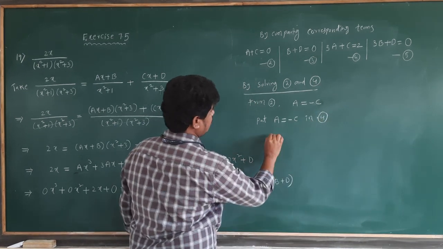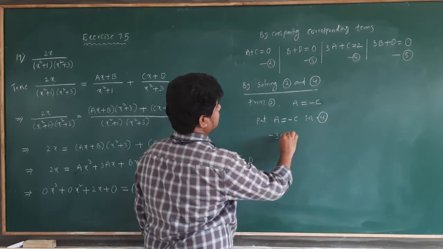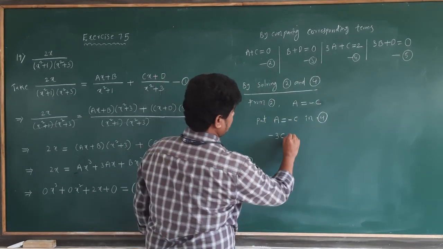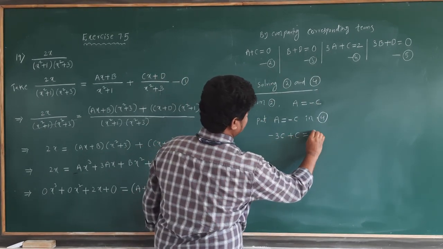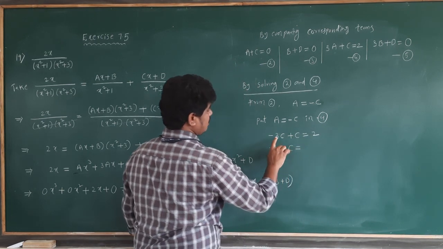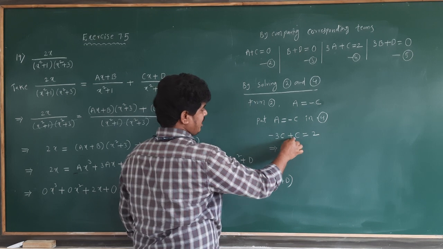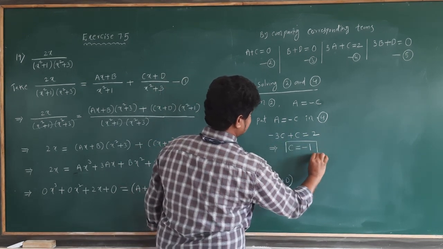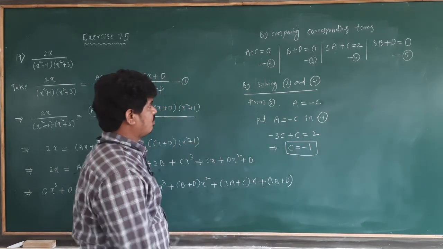What do we get? Minus 3c plus c is equal to 2. From this, minus 2c is equal to 2, so c equals 2 divided by minus 2, that is minus 1. So c is equal to minus 1.